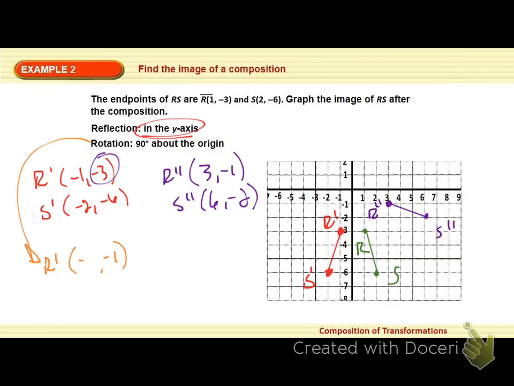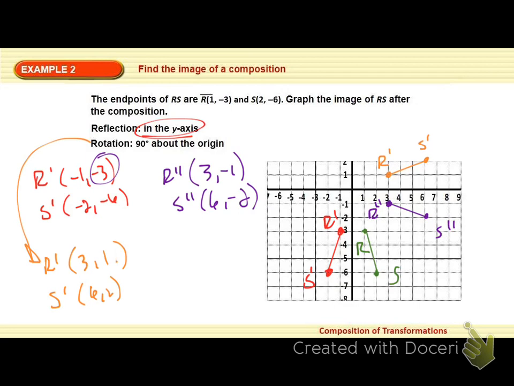Or hold up, I'm wrong. Sorry. We're rotating 90 degrees, so we've got to change the sign on y and flip-flop them. So this becomes 3 comma 1, and S prime becomes 6 comma 2. So 3 comma 1 here for R prime, 6 comma 2 for S prime. And so that's what happens when we rotate first.